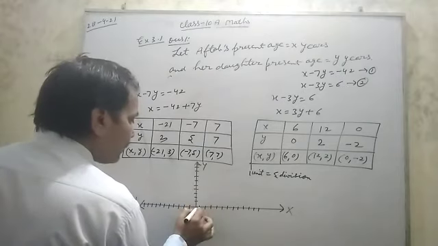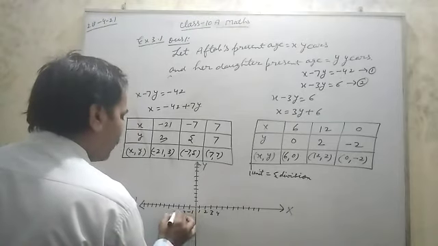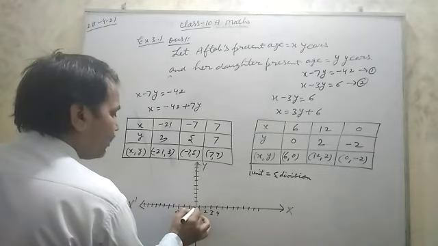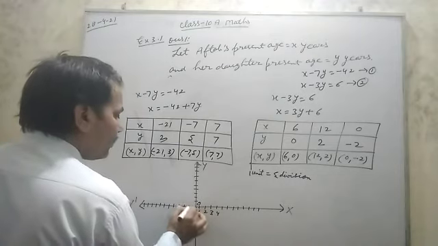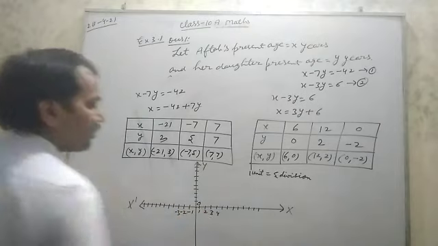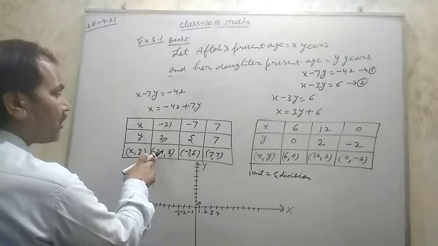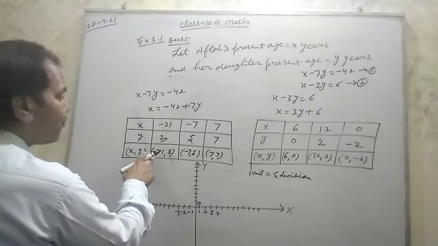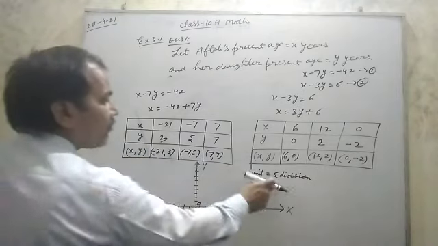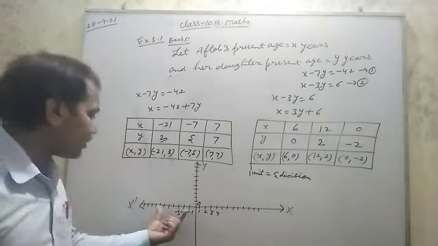So between them 10 divisions. This is 1, 2, 3, 4 like that. Okay. So between the origin, between 0 and minus 1, 10 divisions. 0 and 1, 10 divisions. So 1 unit is 5 divisions. So minus 21. Okay, so 21 units, what will be 105 divisions. So 105 divisions is 10 boxes.